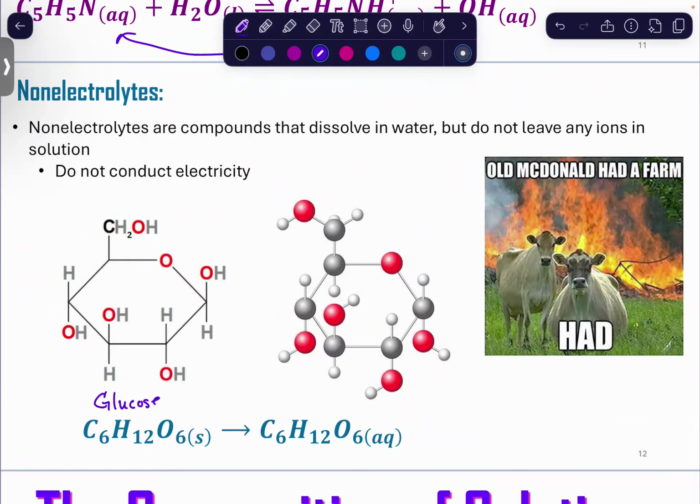The difference is glucose is a six-membered ring, where fructose is a five-membered ring. But notice here how we just have the solid molecule, we dissolve it, and now it's dissolved in water, but none of it broke up. It dissolves, it disappears, but the molecules themselves don't actually break up. And so you're not getting any ions in solution. So this is a non-electrolyte.